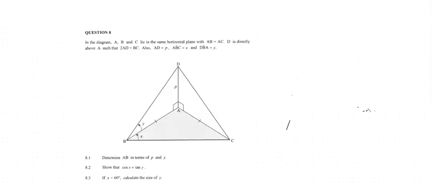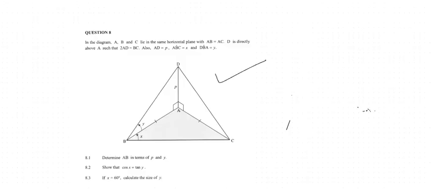So next we have question number 8. In the diagram, A, B, C lie in the same horizontal plane with AB equals to AC.